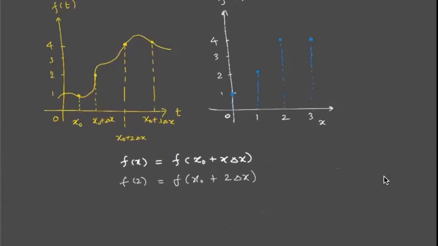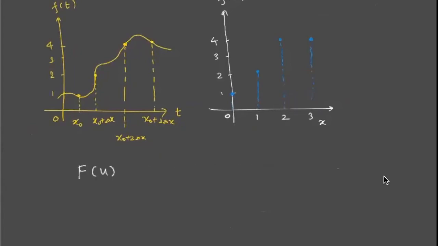For now I'll erase these two equations as we don't need them. So now F of u, that is the transformed function in Fourier domain, is the summation of x equals 0 going to m minus 1.